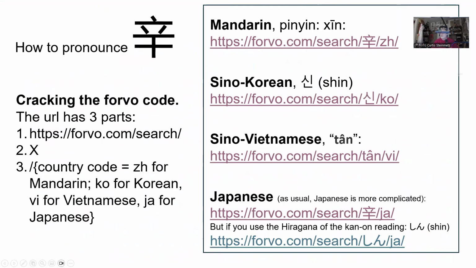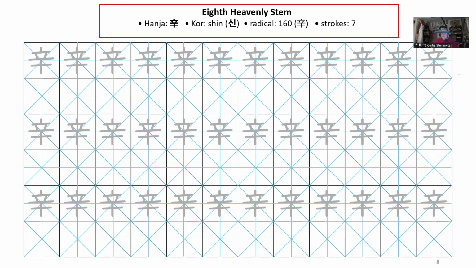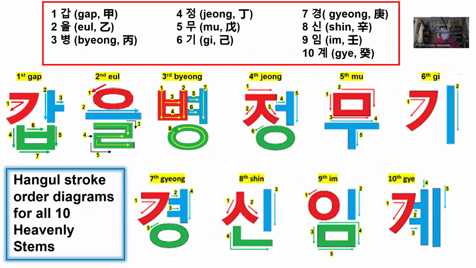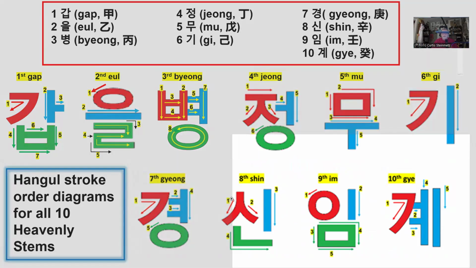Probably means my computer is about to crash, which is not a good sign. So anyway, let me bring this back up before my computer does crash. Or maybe that fixed it. Oh yeah, here we go. I just want to zoom in on the stroke order diagram for this one.